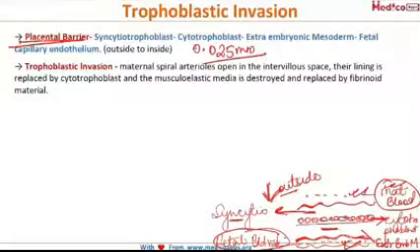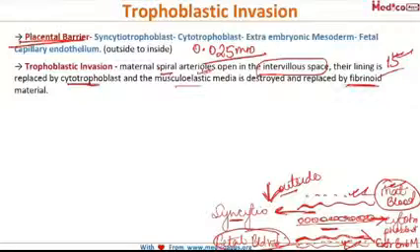Now, let's come to the trophoblastic invasion. What is this? The maternal spiral arterioles open into the intervillous space on the 15th day after fertilization. Now, the lining of these spiral arterioles is replaced by the Cytotrophoblast, and the musculoelastic media is destroyed and replaced by fibrinoid material, that is the degeneration of the Syncytiotrophoblast.